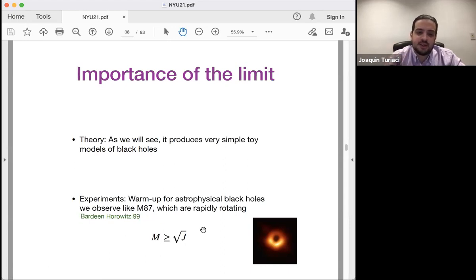So there is the bound on the angular momentum, and if you take this M to be very close to the square root of the angular momentum, then there is an emergent conformal symmetry, again that was noticed in this paper. And actually there have been some papers by Strominger and collaborators where they exploit this to even solve classical problems in the metric of these black holes that would be very hard to analyze otherwise. So understanding this limit is also interesting in this direction.